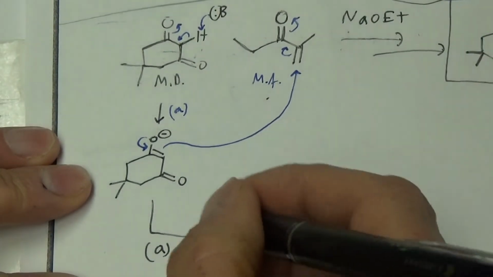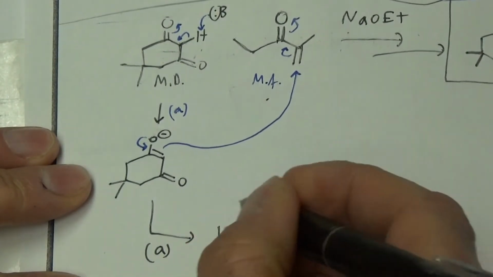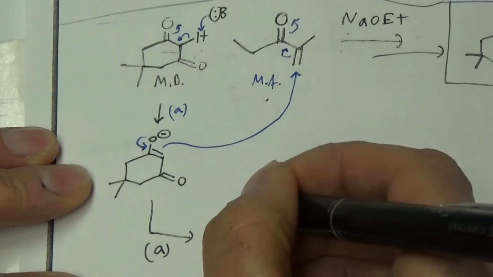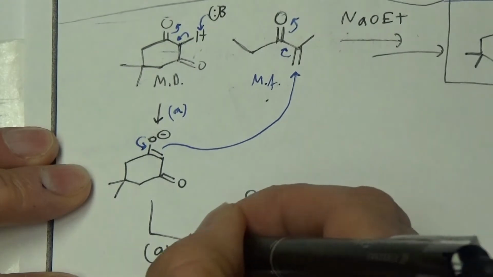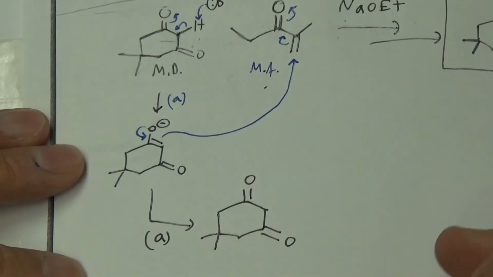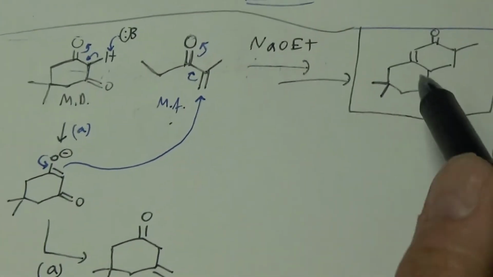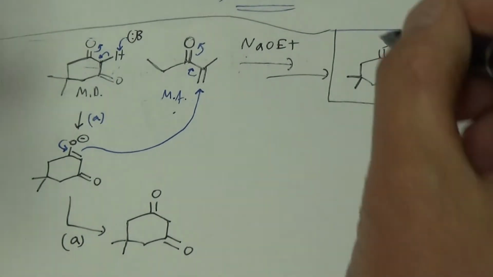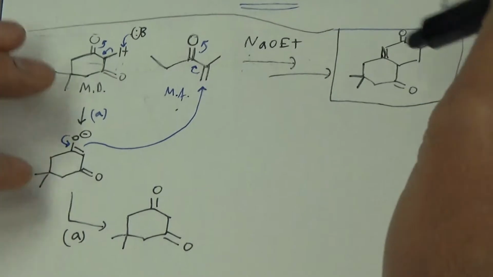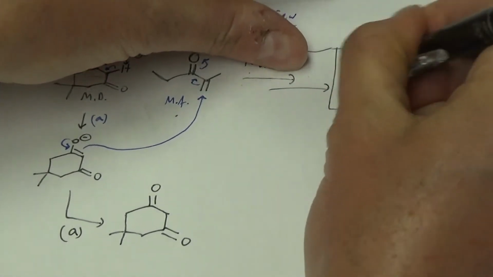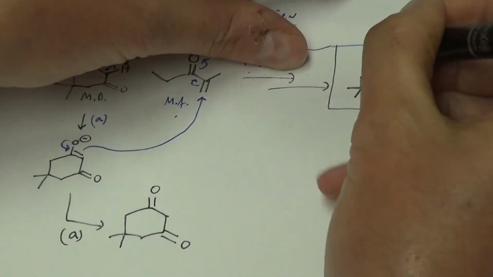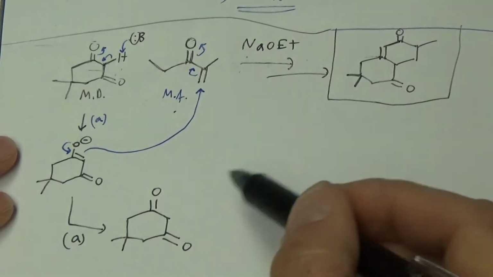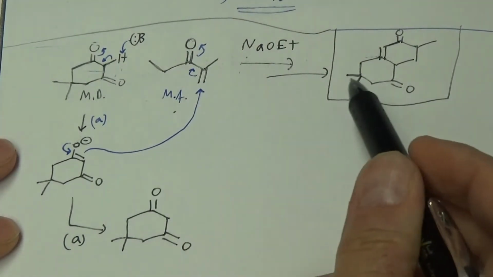What do we got now? Keep everything oriented the same, that helps. Ketone, ketone, methyl, methyl. And you can start seeing how this will look sort of like the product here. Let's just double bond here. So these will be oriented the same.